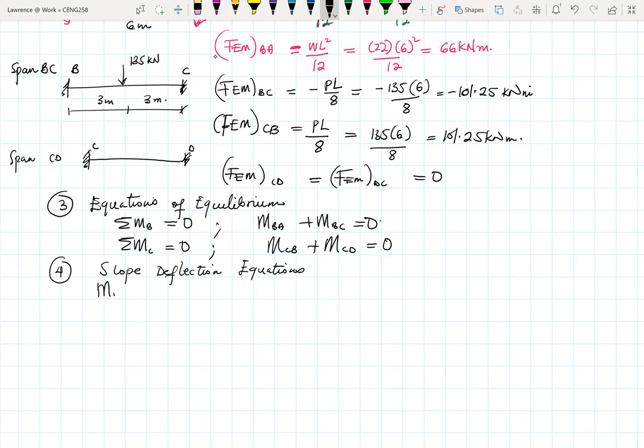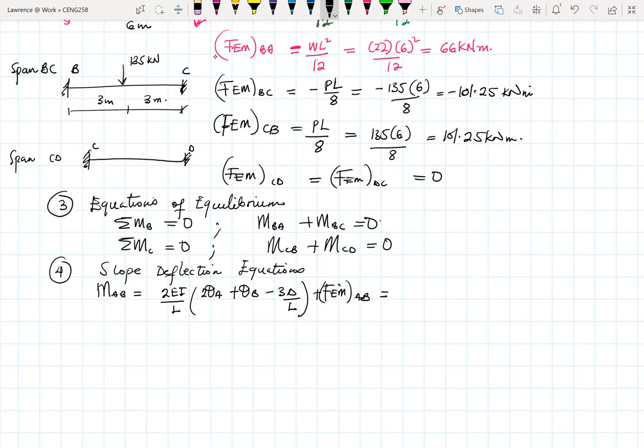MAB is equal to 2EI over L times 2 theta A plus theta B minus 3 delta over L, plus the fixed end moments AB.